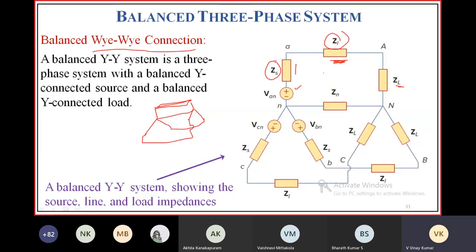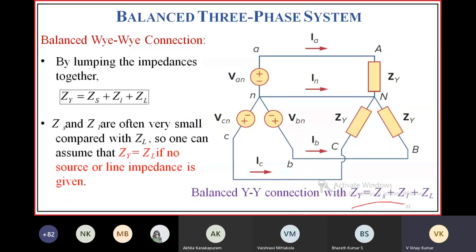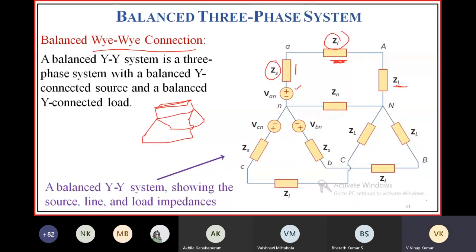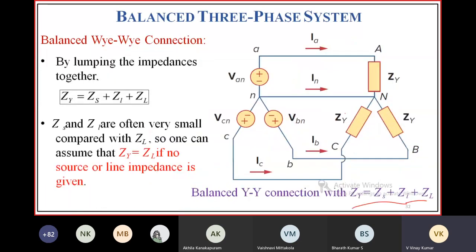Strictly speaking, we have to include all impedances. ZS, ZL, and Z: line impedance is Z small, this is Z capital. The total impedance would be Z_Y equal to ZS plus ZL plus Z. You can also neglect source impedance and line impedance.